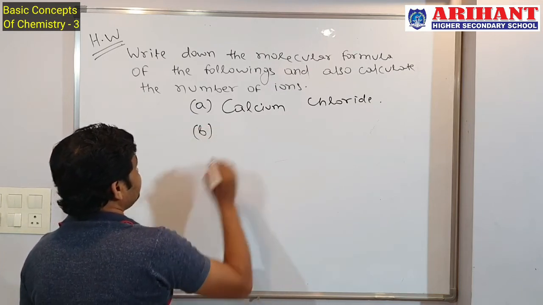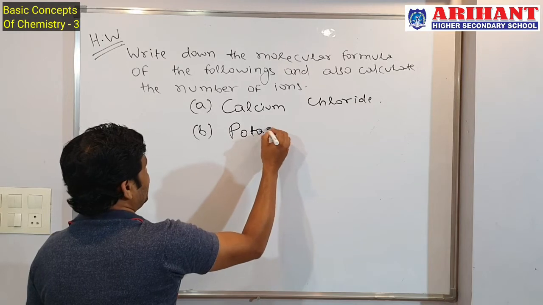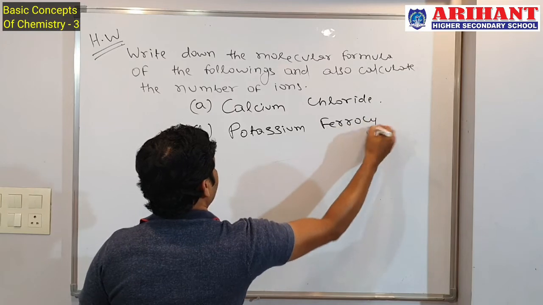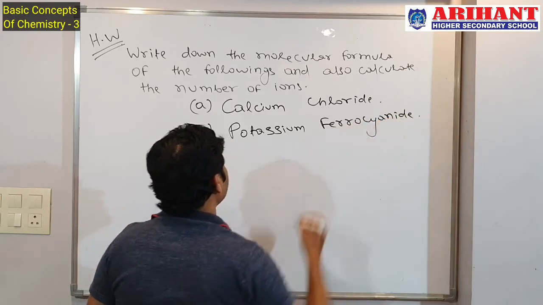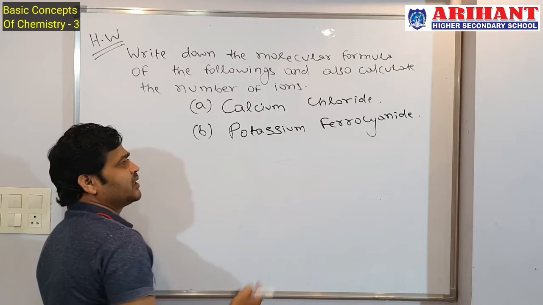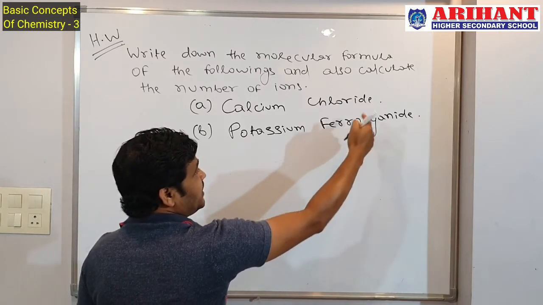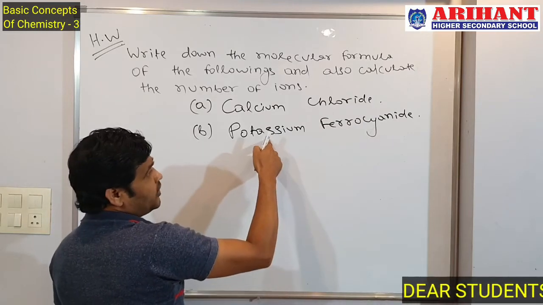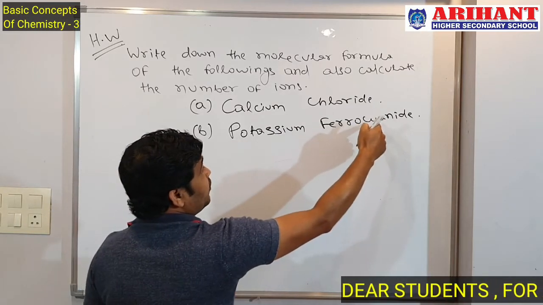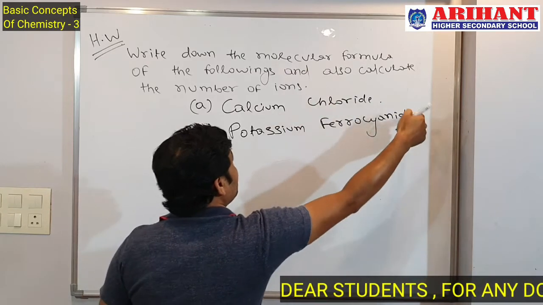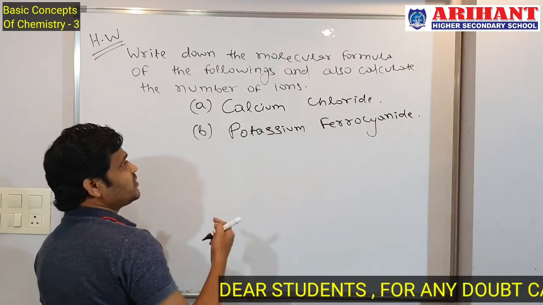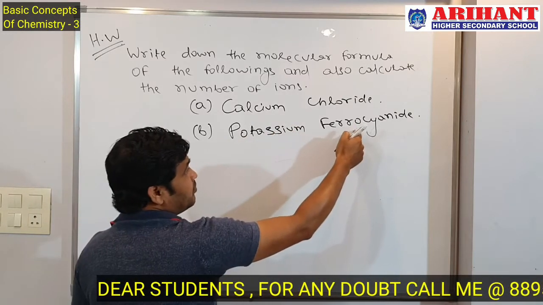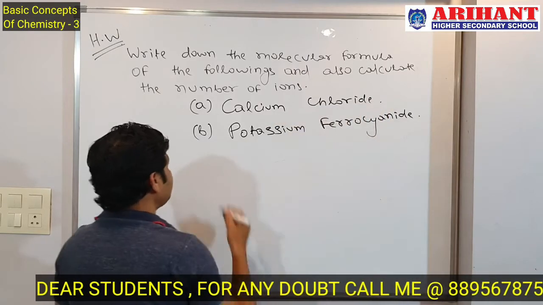B, potassium ferrocyanide, potassium K plus, ferrocyanide Fe(CN)6 4 minus, hence the formula is K4[Fe(CN)6], and the number of ions is equal to 5 because 4 potassium ions are there and 1 ferrocyanide ion is there.